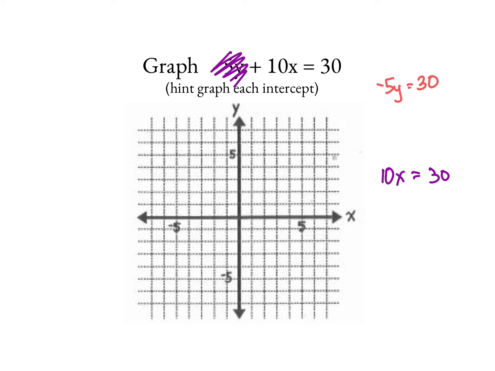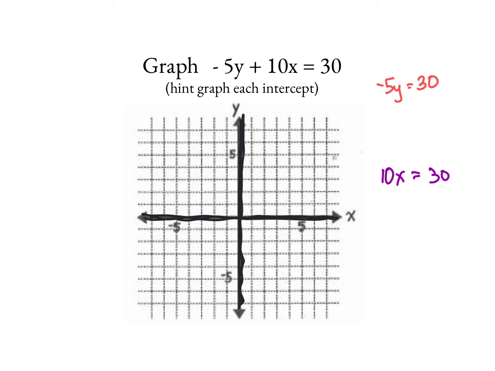Basically I was plugging in 0 for those terms, because when we're on the x-axis or the y-axis, one of the numbers is 0. When I'm on the y-axis, the x is always 0. When I'm on the x-axis, the y is always 0. So we can just ignore those terms and go from there.